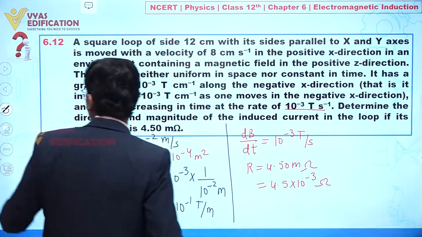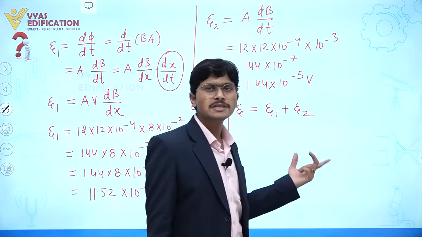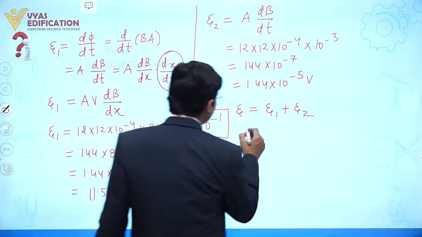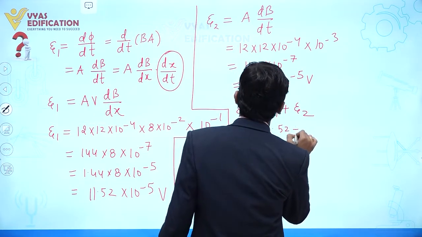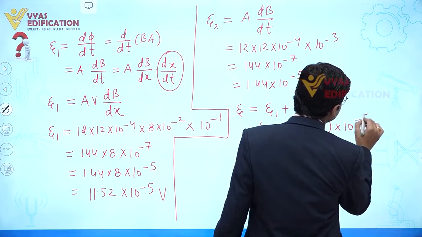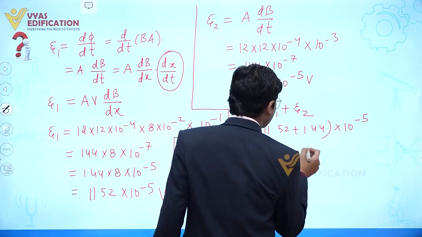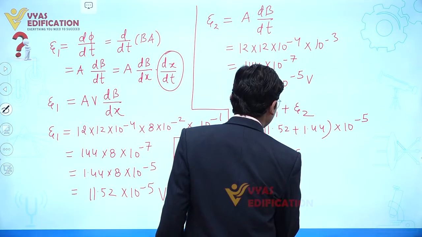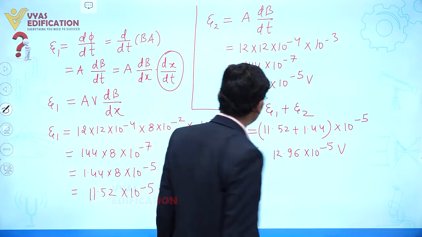So finally E equals E1 plus E2, which is 11.52 plus 1.44, multiplied with 10 to the power minus 5. If you add it, this is 12.96 into 10 to the power minus 5 volt.